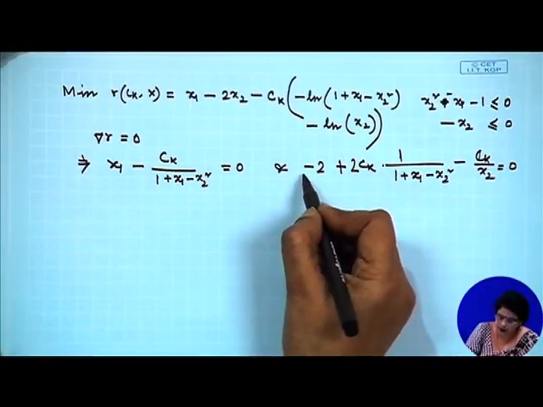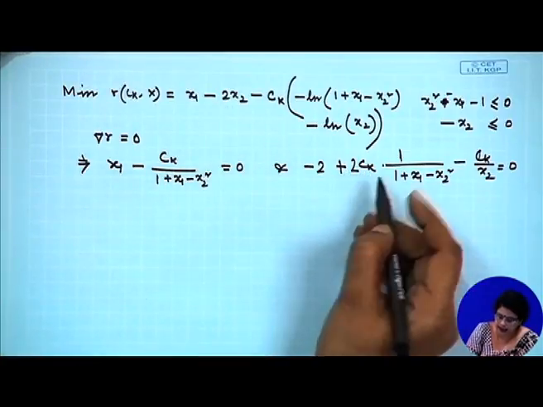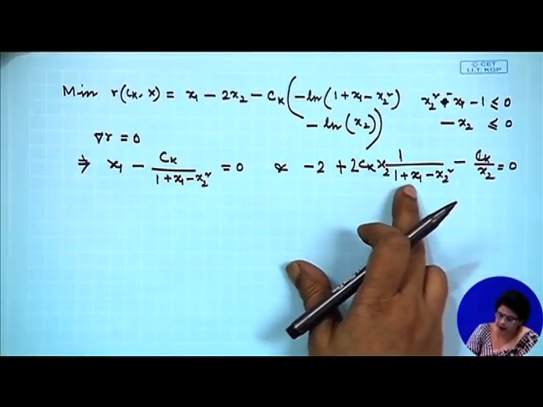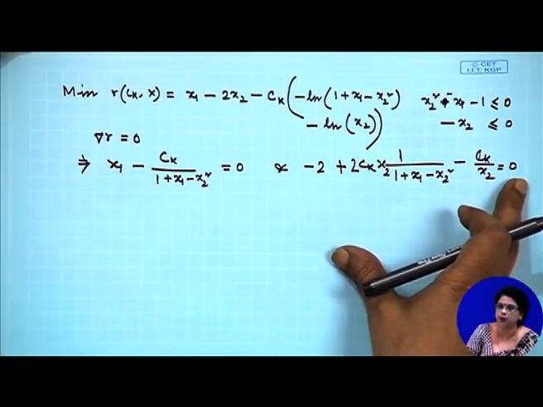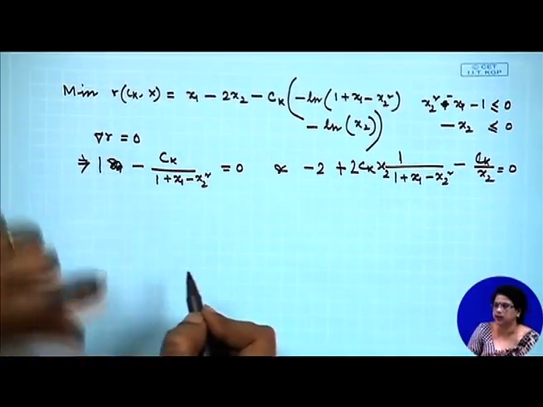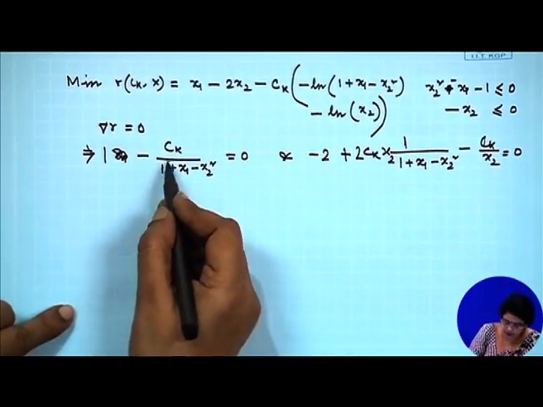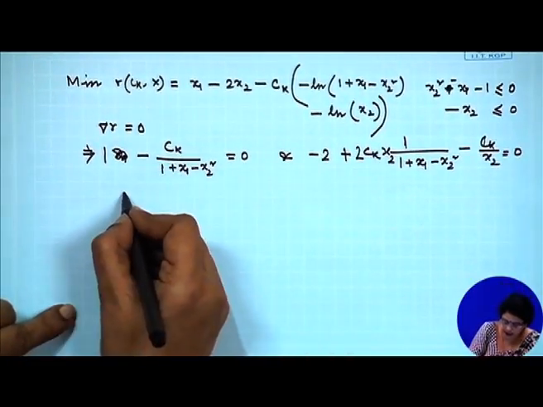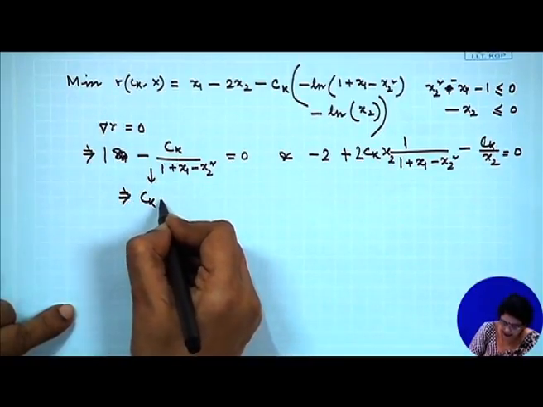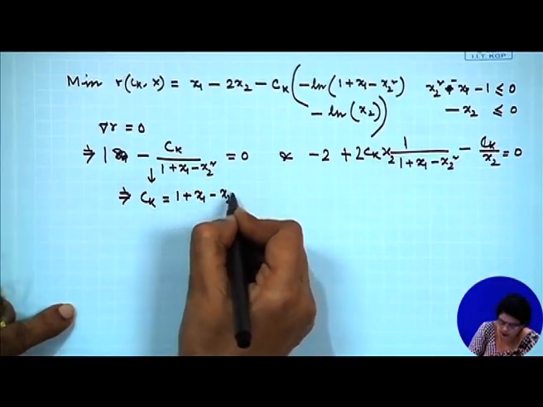This is equal to minus 2 plus 2 ck x2 times 1 divided by this one is equal to 0. This is not x1, this is 1 minus, certainly this is 1 minus this one. Now, from this condition we are getting that ck is equal to 1 plus x1 minus x2 square.